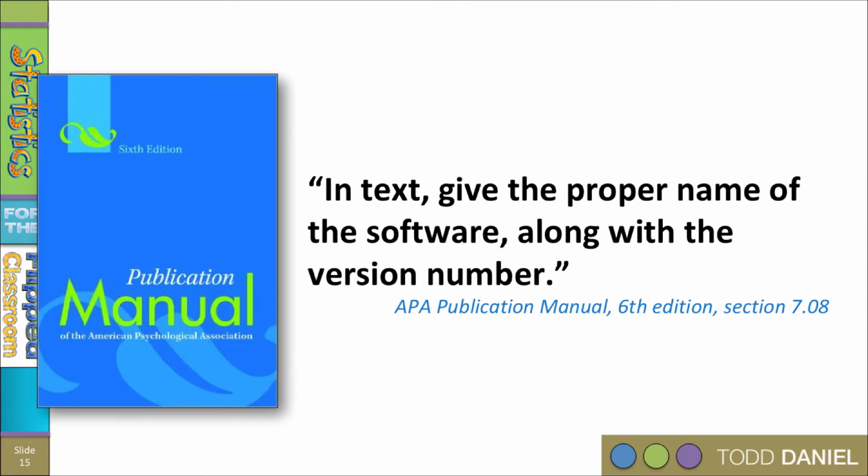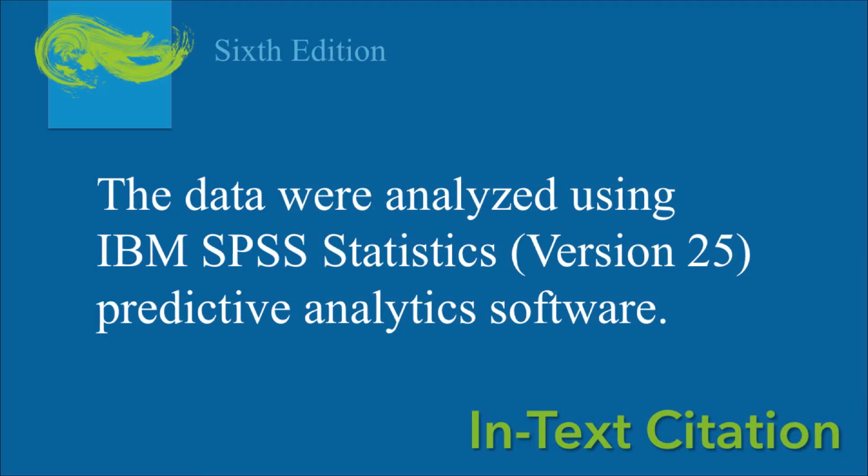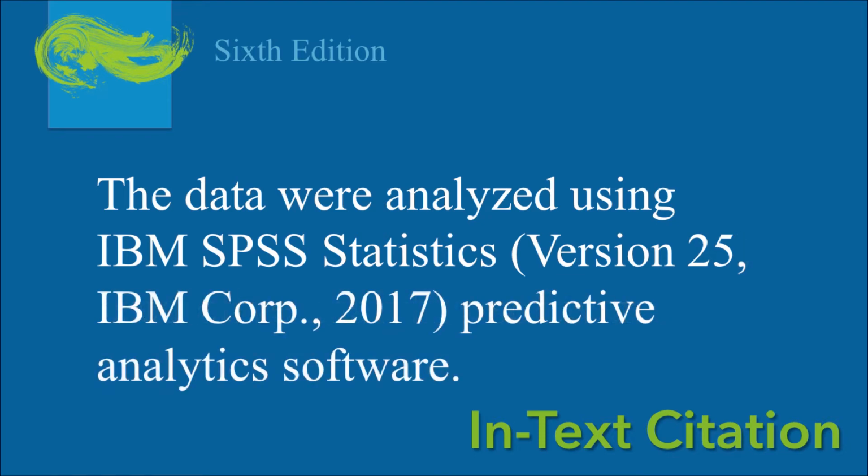For example, I might write, "The data were analyzed using IBM SPSS Statistics, version 25, predictive analytics software." That seems straightforward, right? Full name of the software followed by the version number in parentheses. You would not include the reference to IBM Corporation because SPSS is standard software.